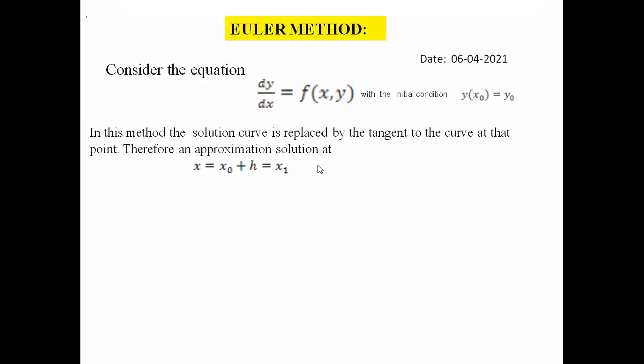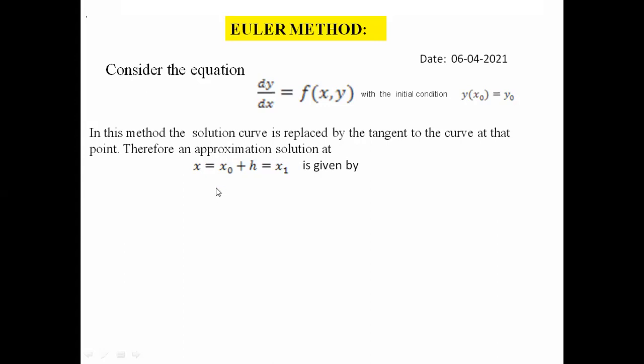X naught plus h means that the point where we need the solution must be very near to this initial condition. h is the symbol used for a small change in x. If we add it to x naught, very near to x naught, then you can find the solution. That means where the curve is approximately a straight line, under this assumption, we are finding the solution. But it gives only an approximate solution, not the exact answer for that differential equation.